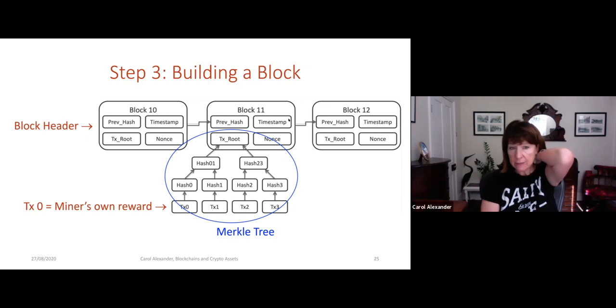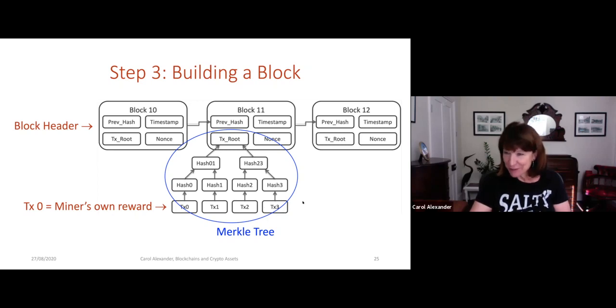And then we get to the mining nodes, and these are the ones that are building a block. A miner will take many, many transactions, about 2,000 of them on average, and hash them all, and then take them in pairs. One of the transactions will be his particular reward that he has digitally signed.